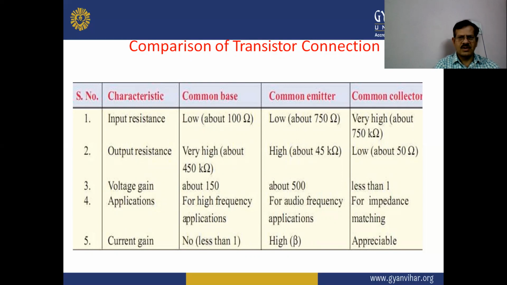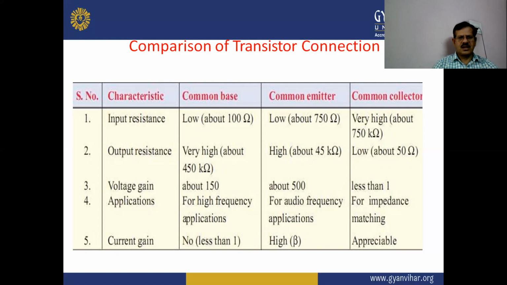In the common emitter, the input resistance will be 750 ohms, which is also low. And the input resistance for the common collector will be very high, about 750 kilo ohm.